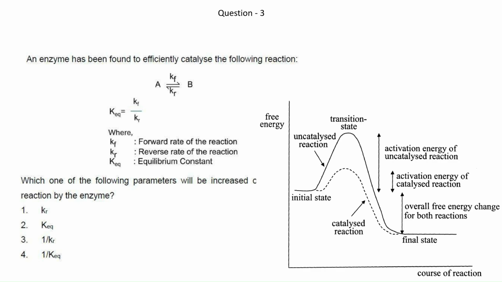So this lowering of the free energy of the transition state will mean that both the rates for forward and reverse reaction will be increased. And because both of the rates will be increased in similar amounts, the equilibrium constant will not change.